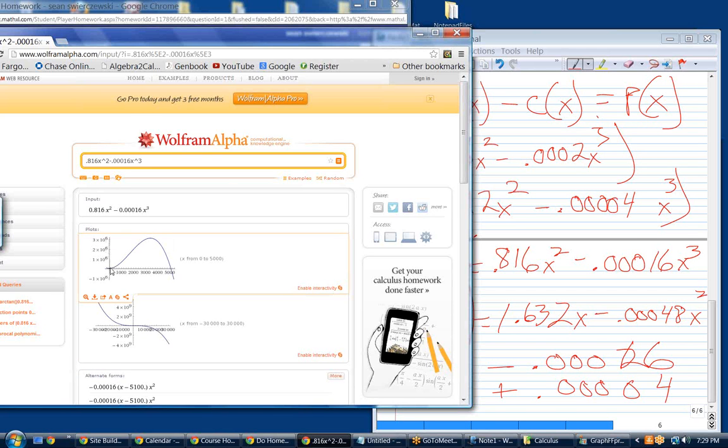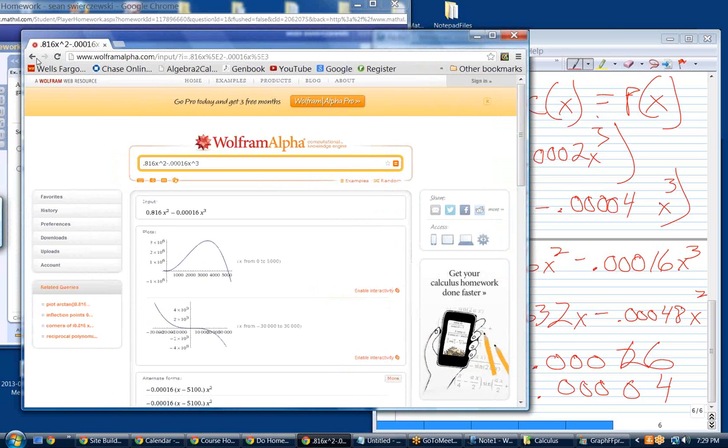This looks like the profit function is increasing from 0 to whatever this value is here.